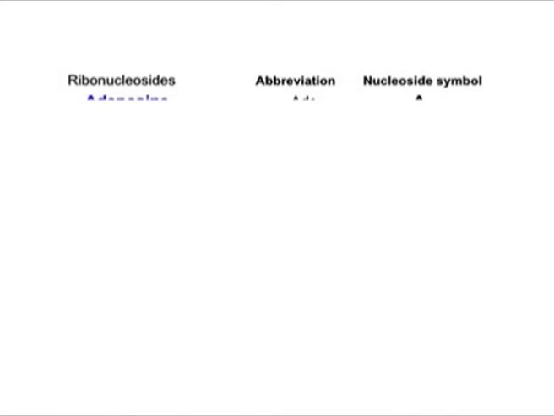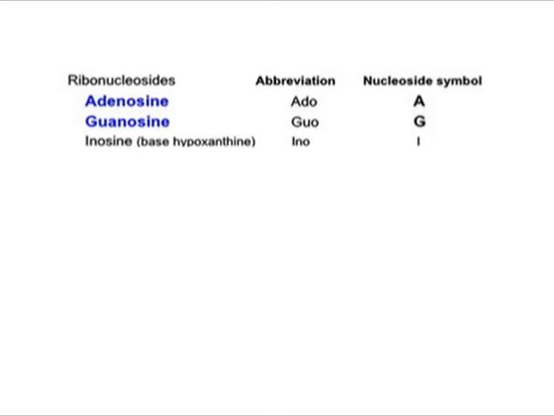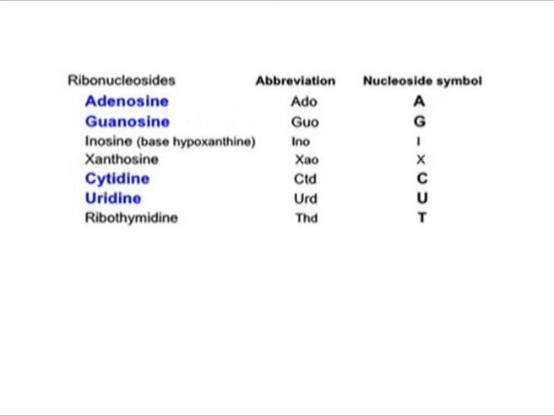Ribonucleosides, their respective abbreviations and nucleoside symbols: Adenosine, abbreviation ADO, symbol A. Guanosine, abbreviation GUO, symbol G. Inosine or base hypoxanthine, abbreviated as INO and symbol as I. Xanthosine, XAO, X. Cytidine, CTD, symbol C. Uridine, URD, symbol U. Ribothymidine, THD, symbol T.